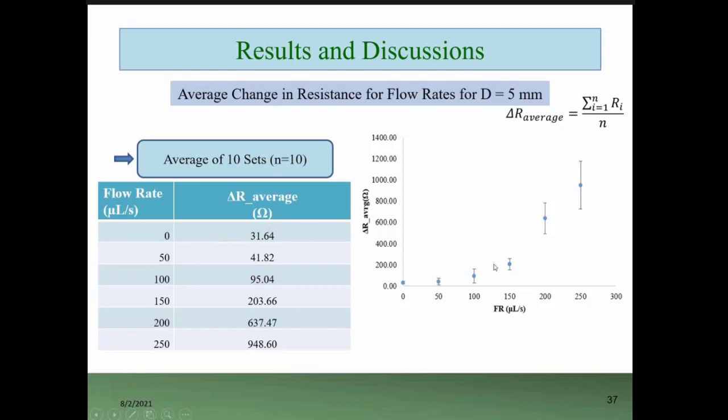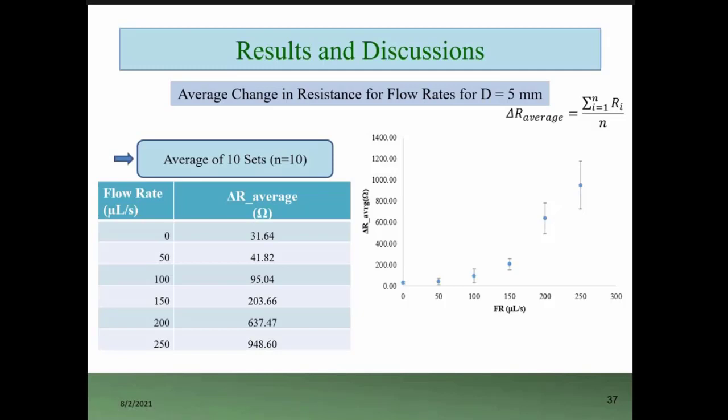But another problem arose here. Up to 150 microliter per second, the standard deviation of the system was not that much. But when I increased the flow rate, for example 200 microliter per second and 250 microliter per second, it was showing a good amount of standard deviation, which is not good for my device.